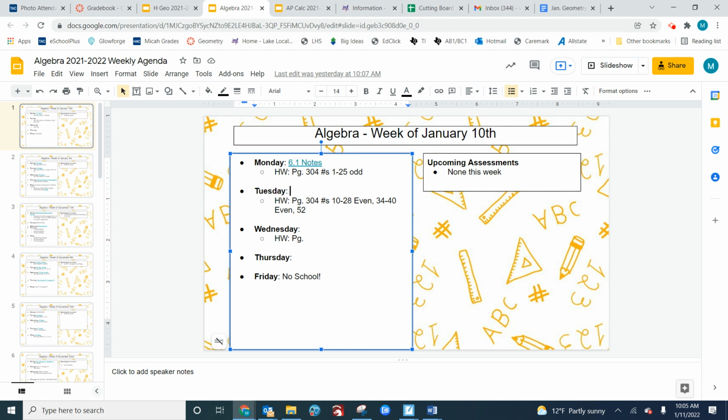We don't have school Friday. Make sure you note 34 through 40 is even. And you can skip 30. You can skip 52.